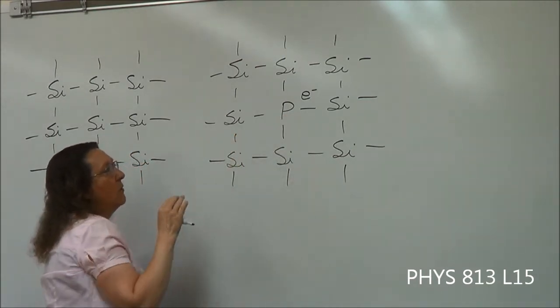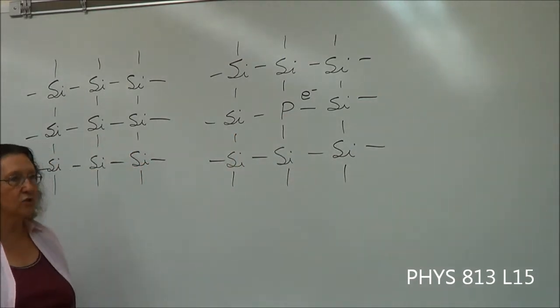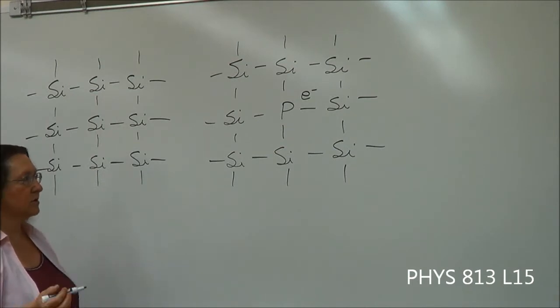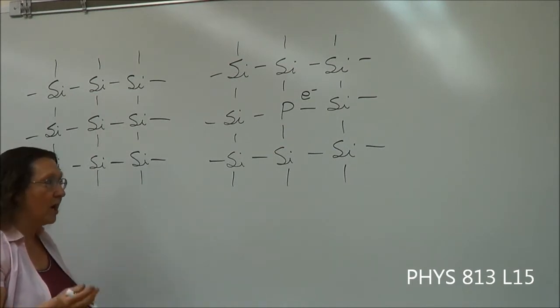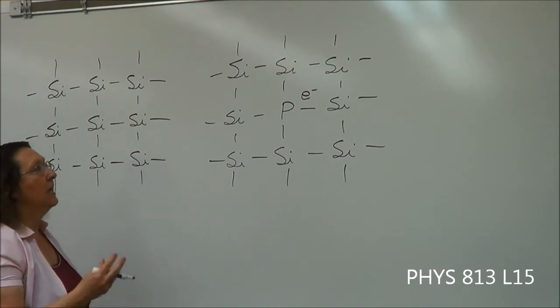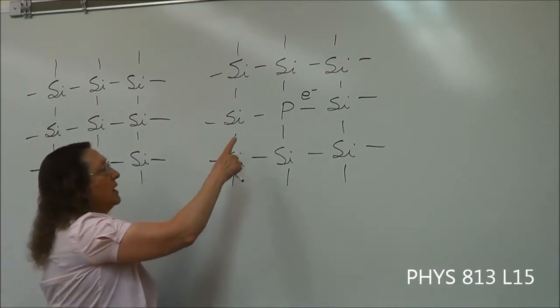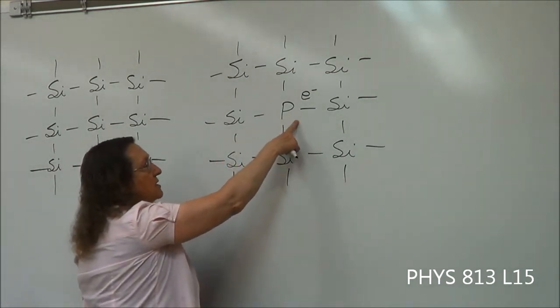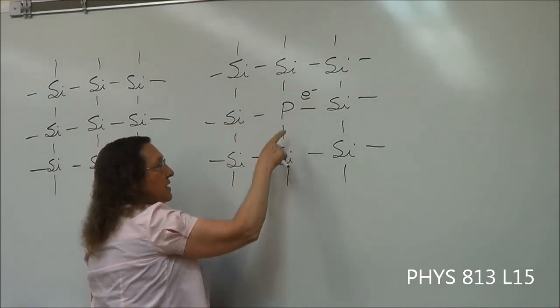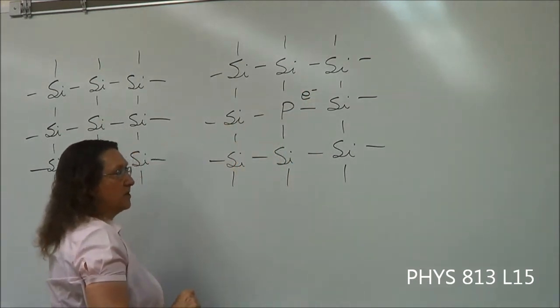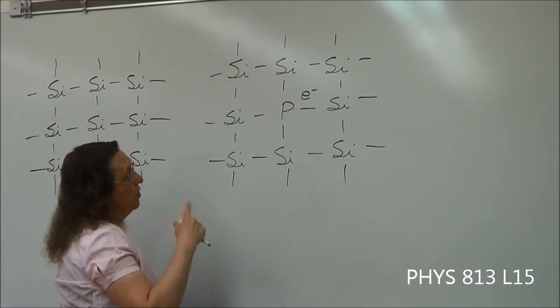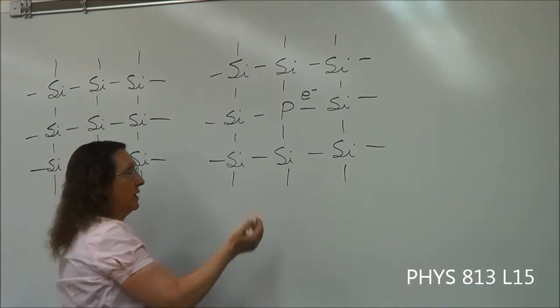Because remember, these are not extra electrons. There's no extra positives or extra negatives. It's all neutral. But it's just that 4 of these bonded with the silicons, but it left this 1 extra electron, or 1 electron unbonded.